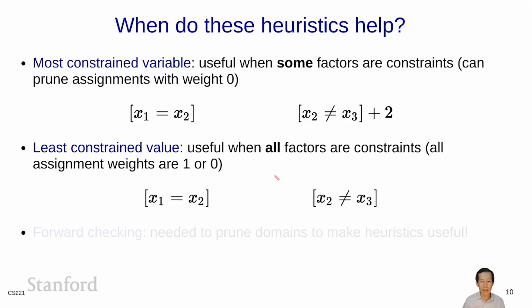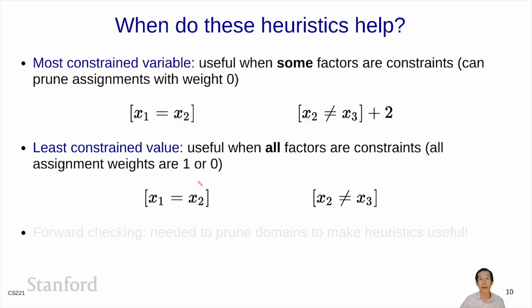And the rationale here is that we don't have to find all of the assignments in this case. If we find an assignment that has weight 1, then we know we're done, because 1 is the maximum weight possible, and we just return immediately and stop early. But if there are other factors which have varying weights of different magnitudes, then we can't necessarily stop if we find a weight of 2.